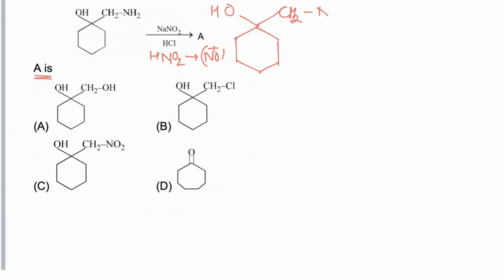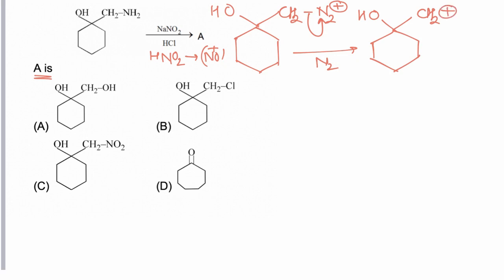So NH2 group on reacting with HNO2 or NO positive converted to diazonium. Now diazonium N2 positive is unstable and nitrogen gas is eliminated via formation of carbocation. So this carbocation is formed, OH, CH2 positive carbocation is formed.